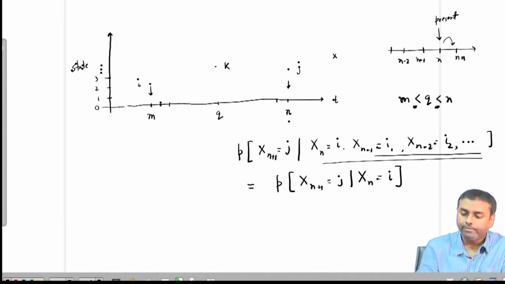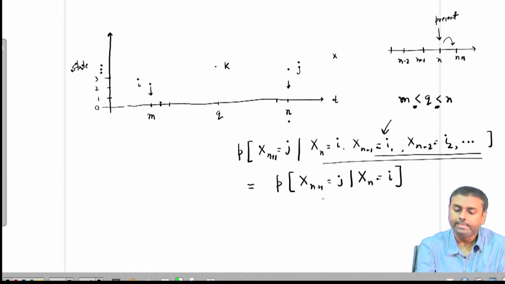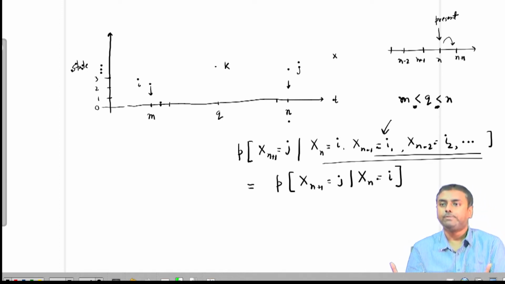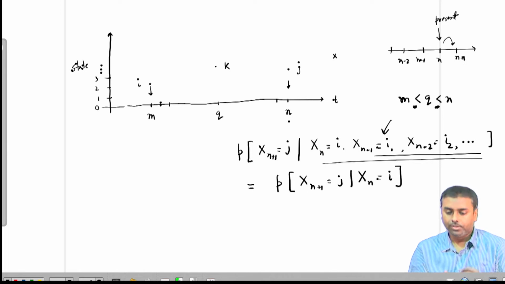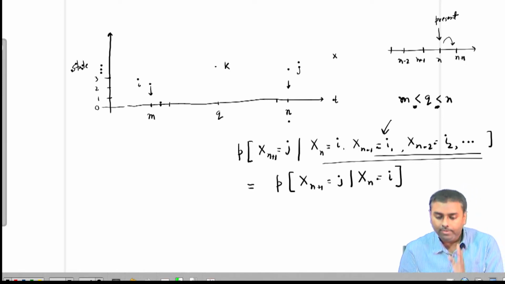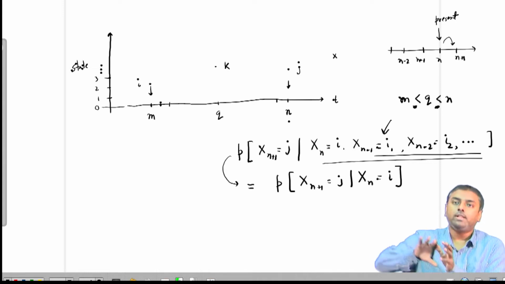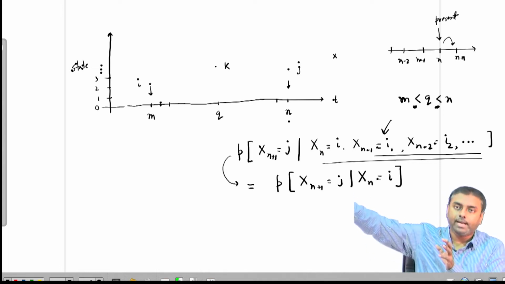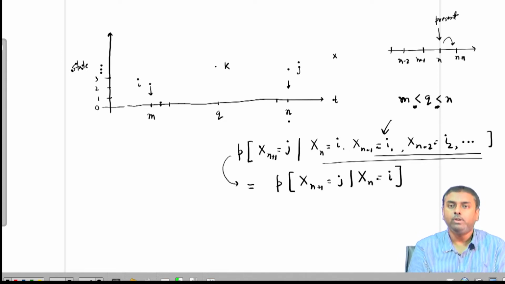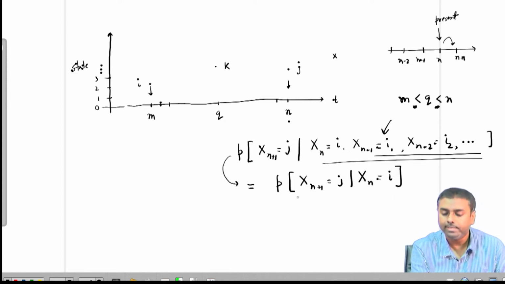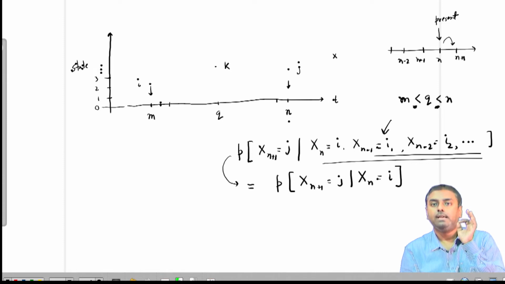So, this earlier value, whatever it is, this probability is independent of that. In a Markov chain, any conditional probability where all the past has been taken into account will always be equivalent to the conditional probability conditioned just on the immediate present, nothing else.